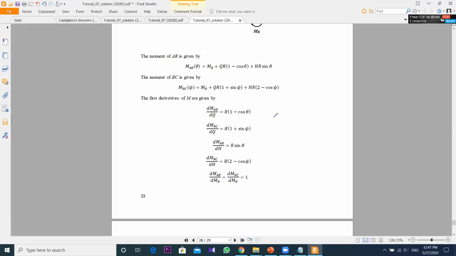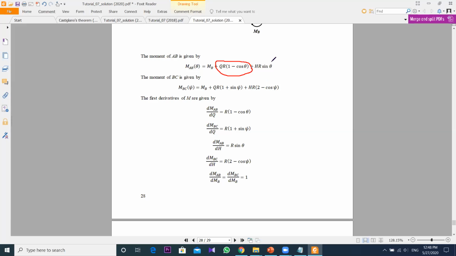Excuse me, sir. Can you explain the QR into 1 minus cos theta there? This one? I didn't get it. We couldn't hear properly. It's a broken voice. Can you repeat it? Can you explain this expression? Which one?